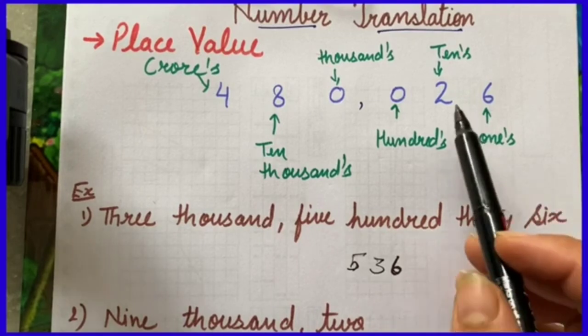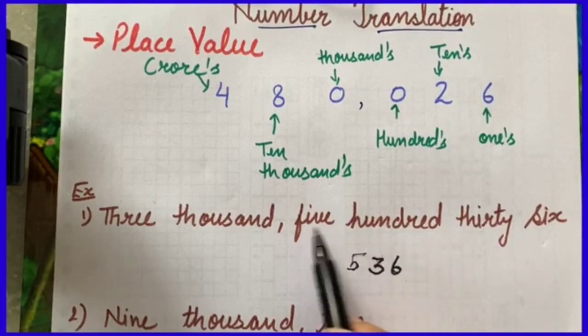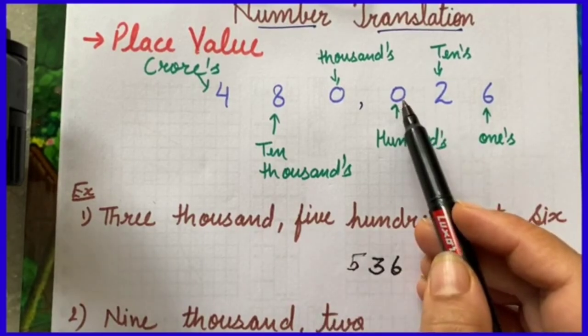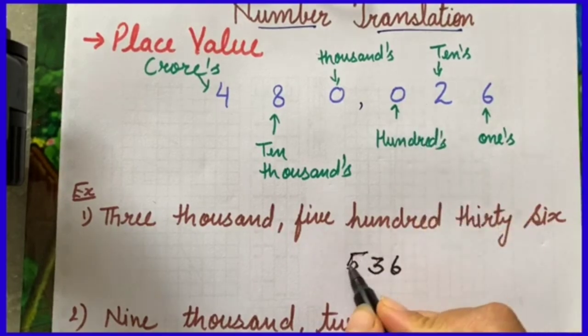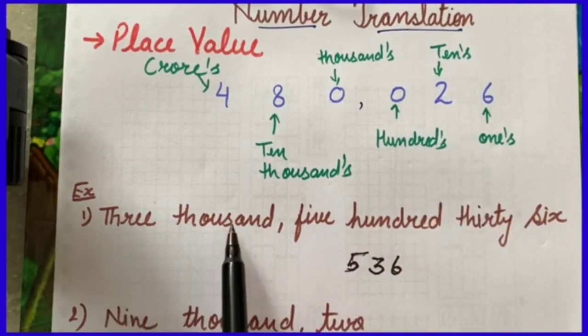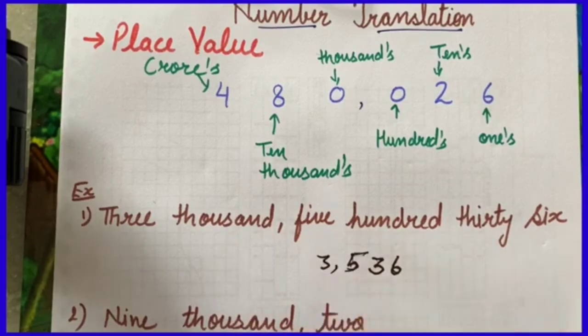So 3 will come at the tens place. So we'll write 3. Then 500. How many hundreds? 500. So 5 will come at the hundreds place. So we'll write 5. Then 3,000. How many thousands? 3,000. So we'll write 3,000. So this is how I'll do the number translation.